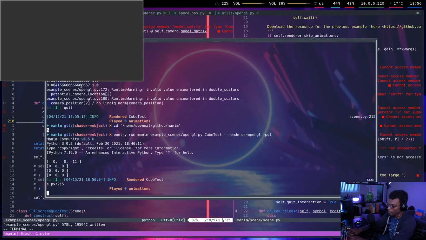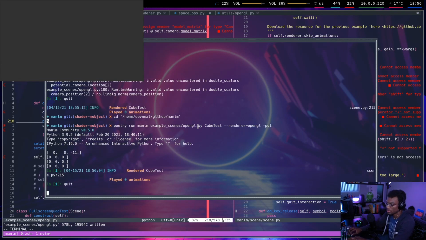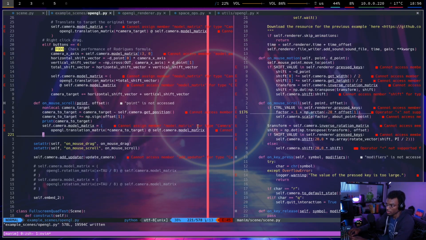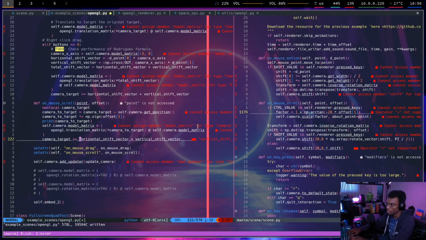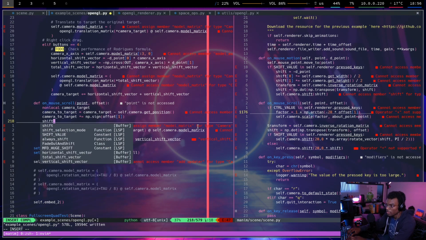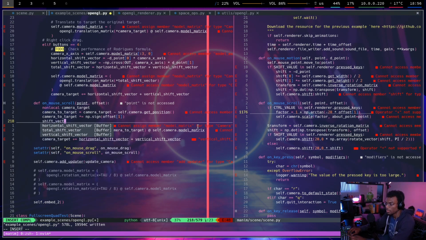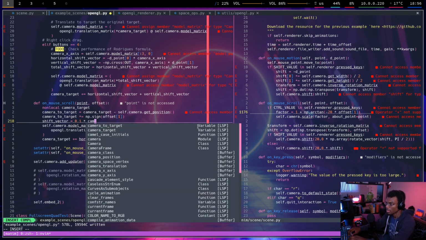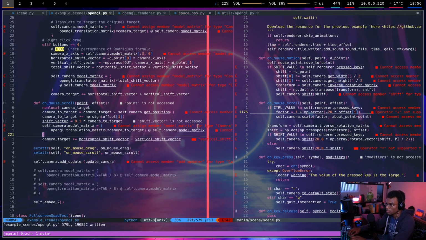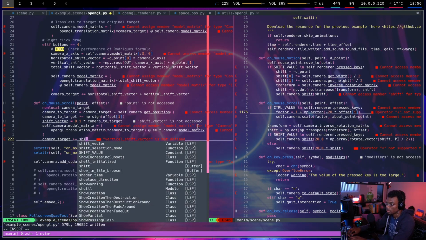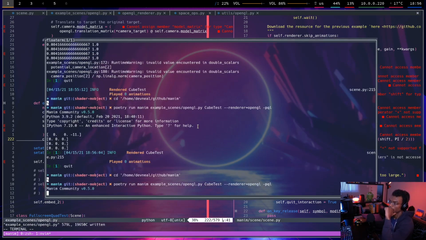Also, since this is translating the camera, I have to translate the target as well. So let me do camera target plus equals camera to target. Wait, hold on. I have to scale this down. So the shift vector. Let me do like 0.1 times that. And I'm gonna add that to the camera target.